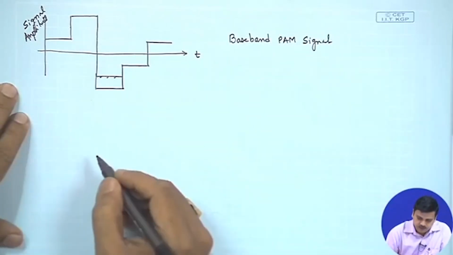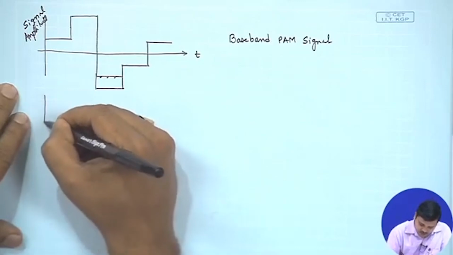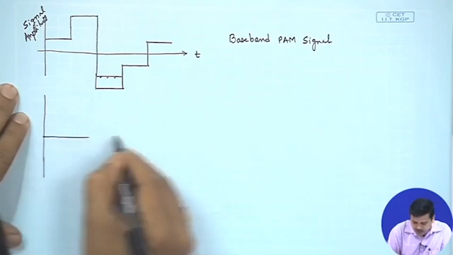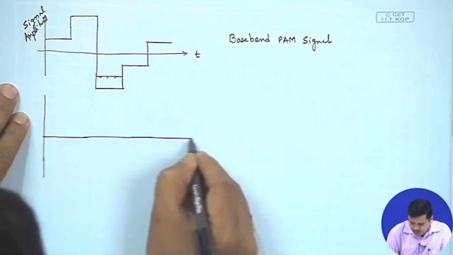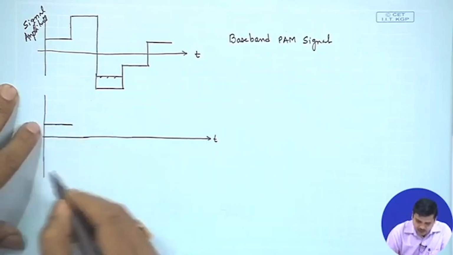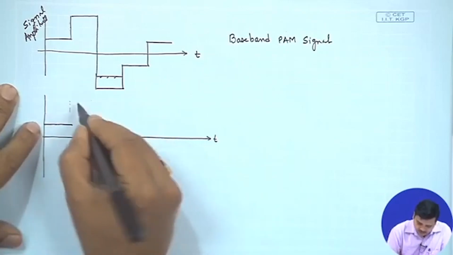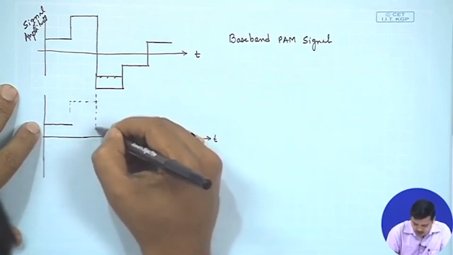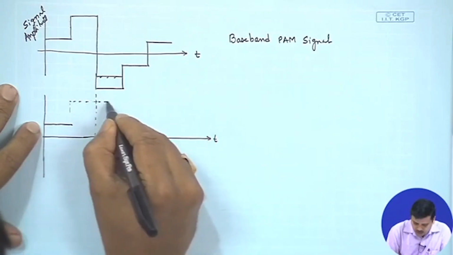We have been drawing this picture, and if we would like to draw the corresponding PAM signal in passband, the envelope would appear as in this, and there is a separation, but it will continue.